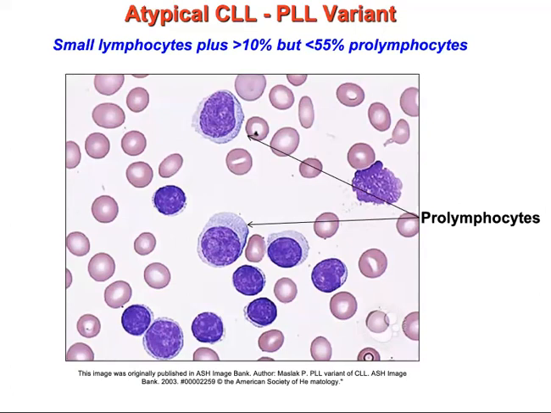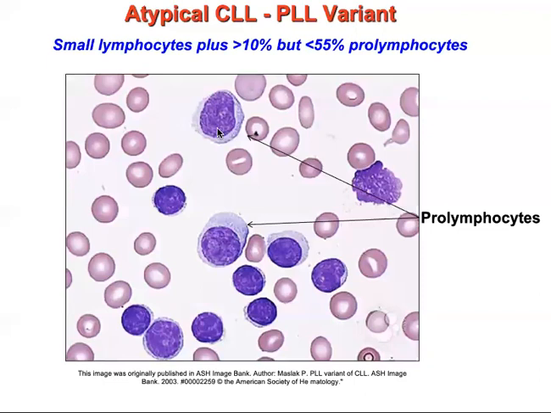So you would call this an atypical CLL or PLL. So you see more than 10% but less than 55% prolymphocytes. So prolymphocytes are these. They're bigger. They look a little less mature.